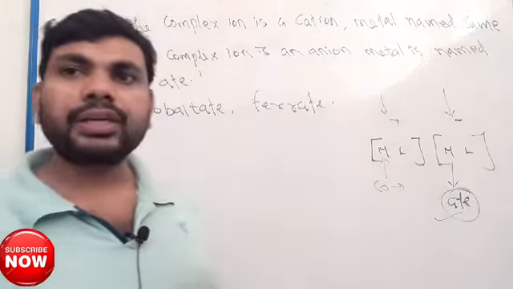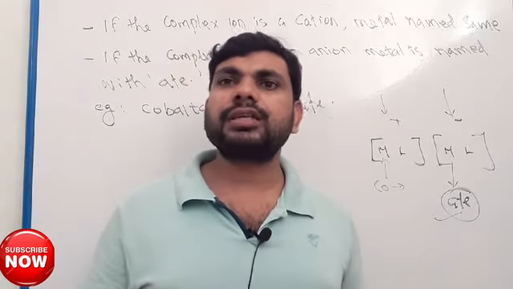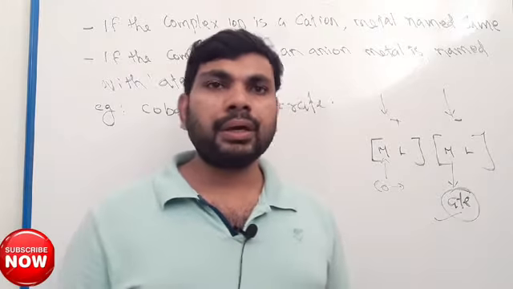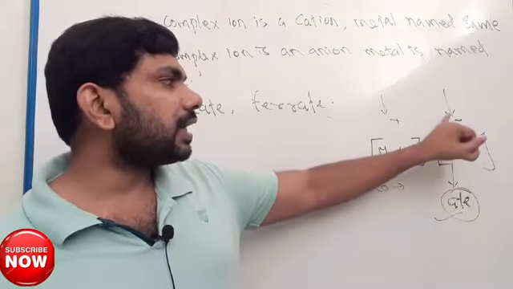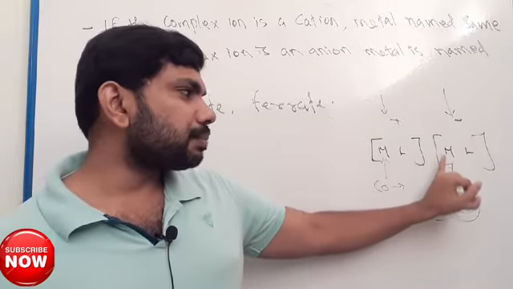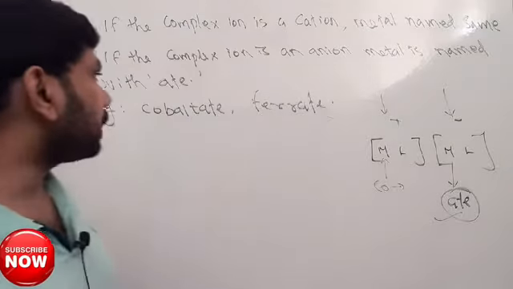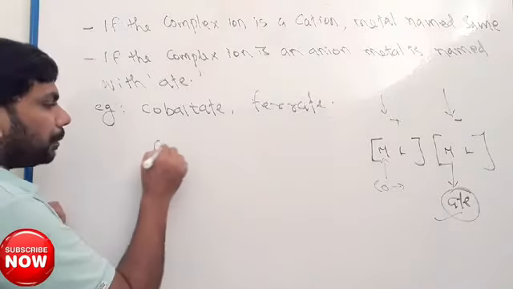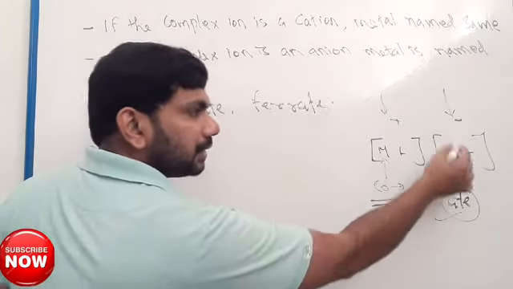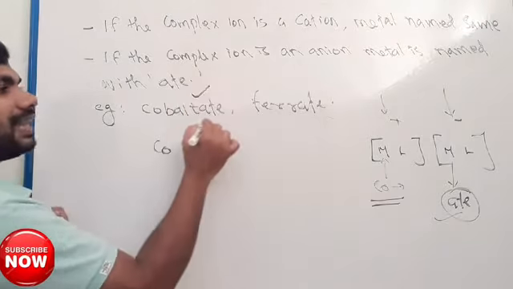In a coordination compound there is a positively charged part and a negatively charged part. In both coordination spheres there is a metal. The name of the metal in the negatively charged part ends with -ate. Example, cobalt. If it is in the positive part, we just write cobalt. But in the negative part, we have to write cobaltate.